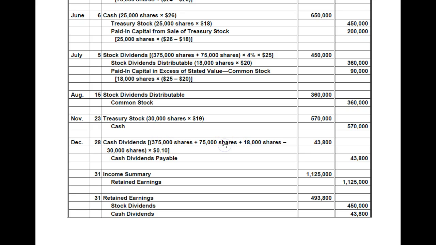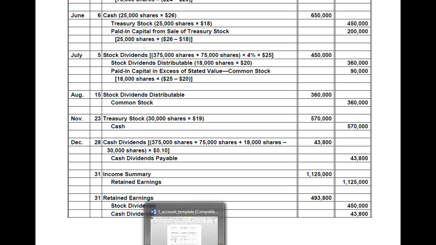We added 75,000, and then we added that 18,000. And here's that 30,000 shares in treasury stock. So that all taken together is going to give you the total outstanding shares, and you're going to multiply that times 10 cents, and you come up with 43,800 in cash dividends that you're going to pay for here and here.